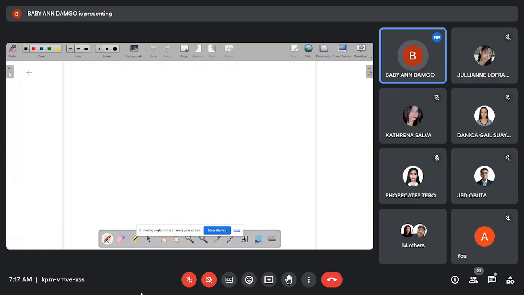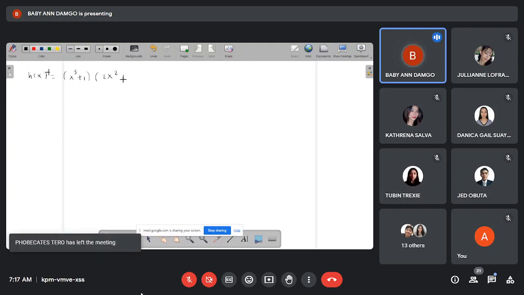So, another example. So, if you have h of x, x cubed plus 1 times 2x squared plus x. Okay?